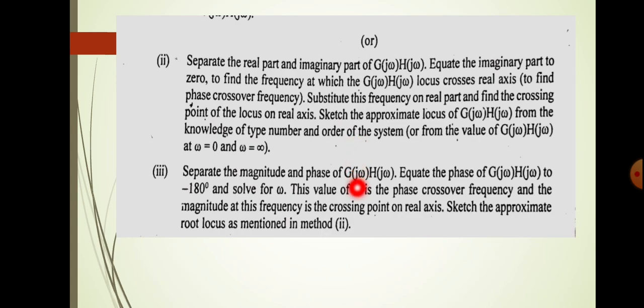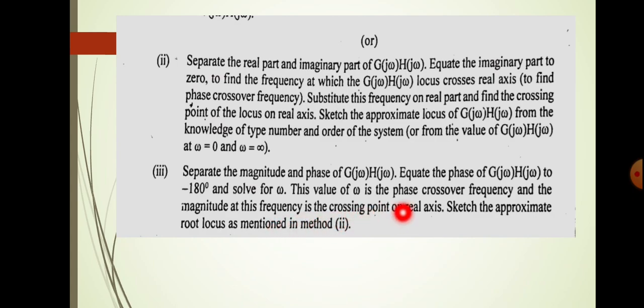So in this case we will equate the phase. You see, this function has a magnitude and phase, and the phase of this G(j omega)H(j omega) will be equated to minus 180 degrees, so that we will get a value for omega, and that omega value is the phase crossover frequency.